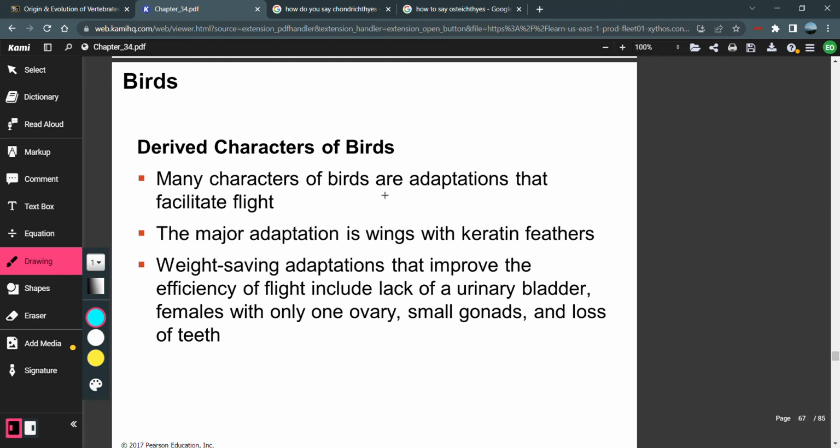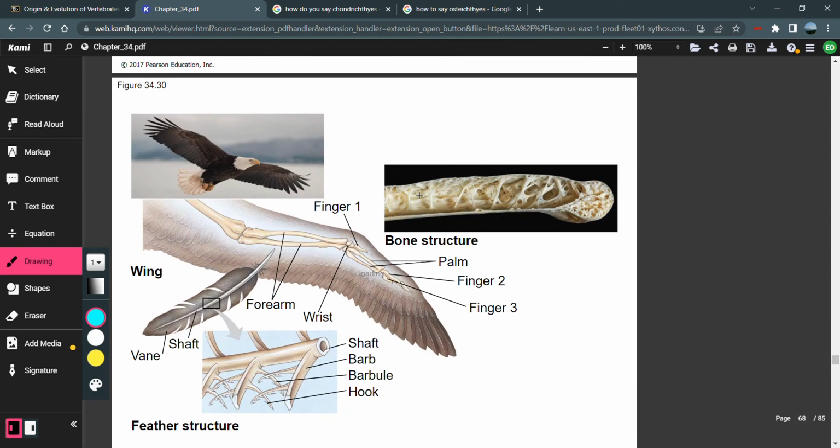These weight-saving adaptations improve the efficiency of flight, and include a lack of urinary bladder, females with only one ovary, small gonads, and a loss of teeth. So they have lost most of these structures to minimize weight, allowing them to fly.